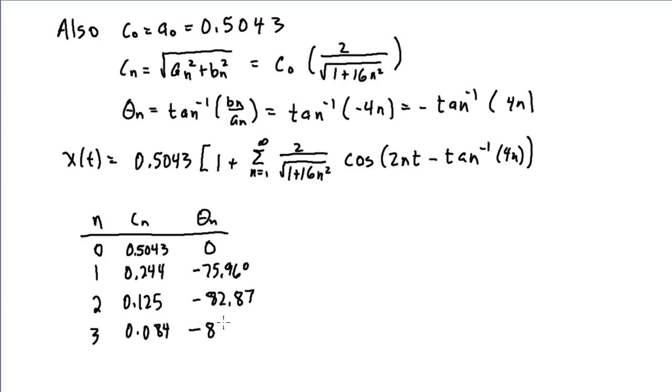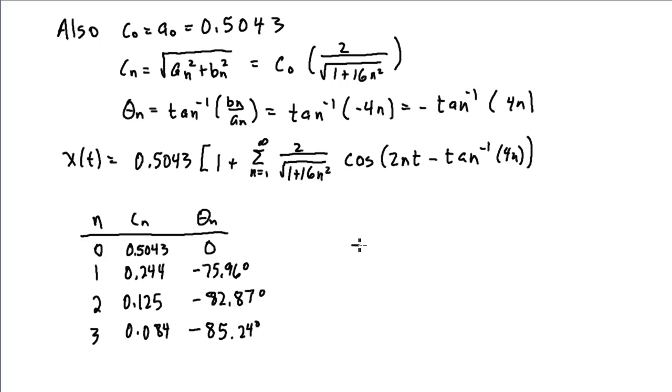For our phase angle term, as n gets larger and larger, the inverse tangent will approach 90. We've got the negative inverse tangent, so as n increases, our phase angles are going to approach negative 90 degrees. Okay. So here's the table of these coefficients and also the corresponding phase angles.